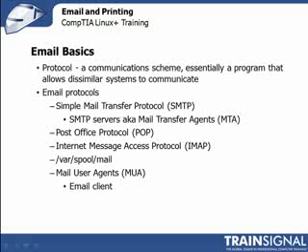So we have a message that using SMTP is transferred from the mail user agent, or MUA, on a sender's workstation. It goes to the mail transfer agent, or MTA, on the email server, which uses the SMTP protocol. If that message is intended for a user on the same domain, the message is held for delivery by the local MTA.